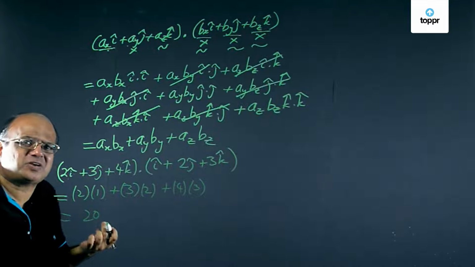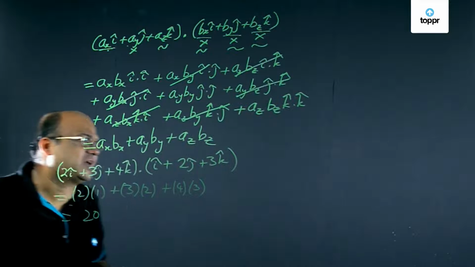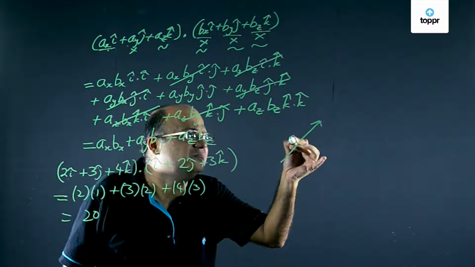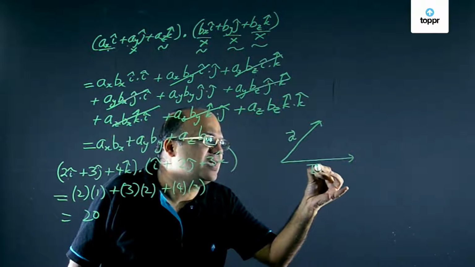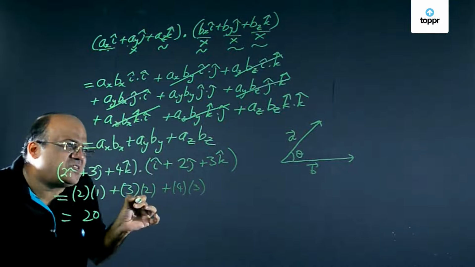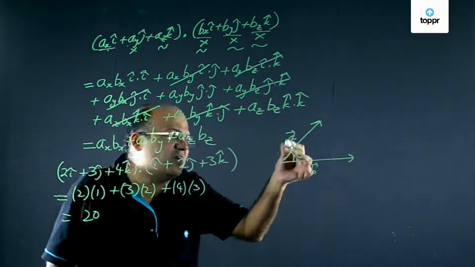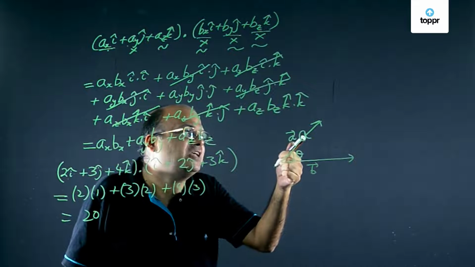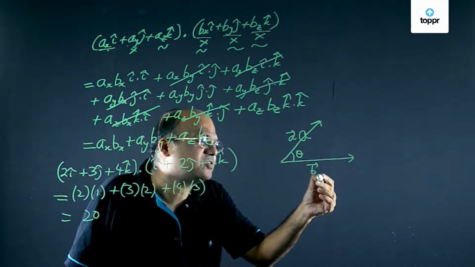What is this dot product giving us? What is actually A vector dot B vector? Suppose this is A vector. This is B vector. Angle between them is theta. What is the component of A in the direction of B? We have learned that the component of a vector in any direction is the magnitude of the vector multiplied by cos of the angle between the vector and the direction.